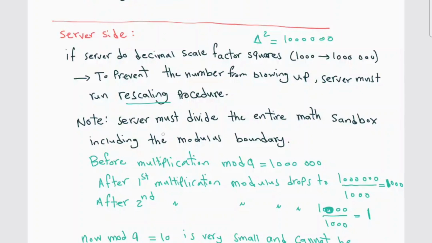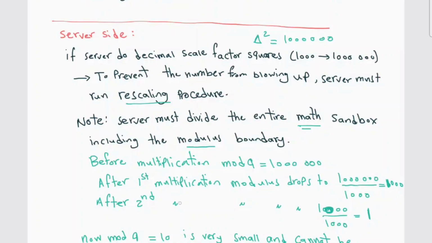So the server divides the entire message, including the modulus boundary. For example, if before the multiplications modulo Q is 1 million, then after the first multiplication we divide it by 1000, so 1 million divided by 1000 gives 1000.